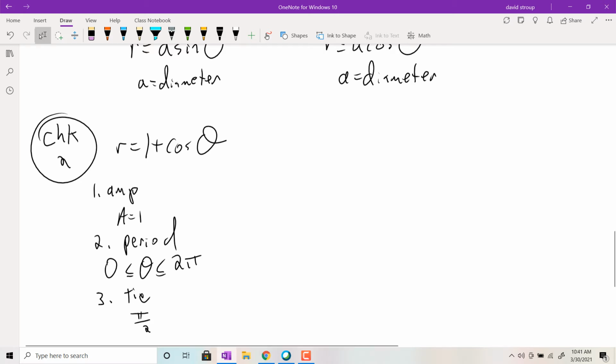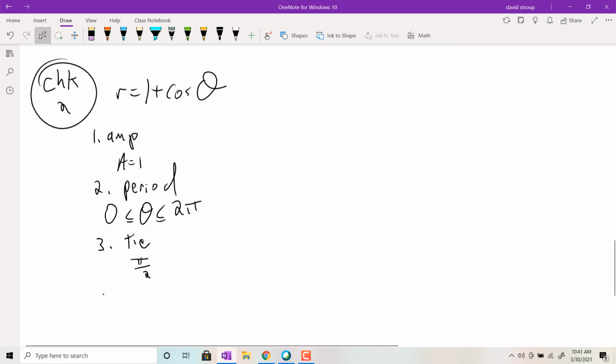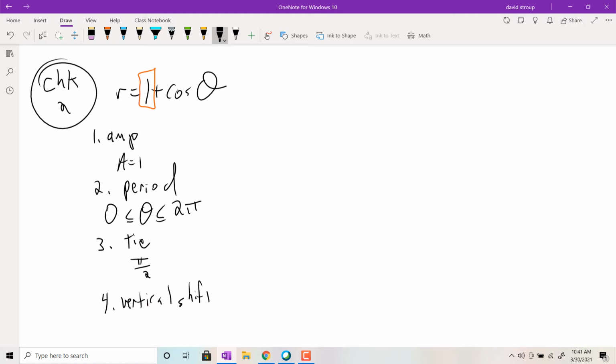One thing that's a little different, that we didn't spend a lot of time on, is this does have a vertical shift upwards. It's vertically shifted by this value here, 1. So I want to make note of that. There's a vertical shift of up 1.